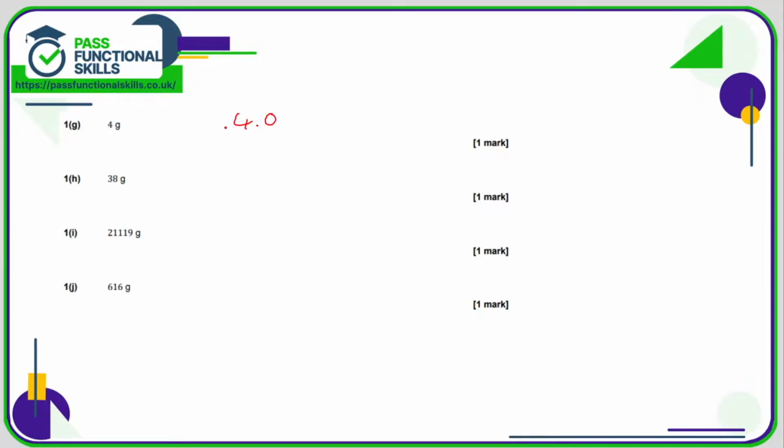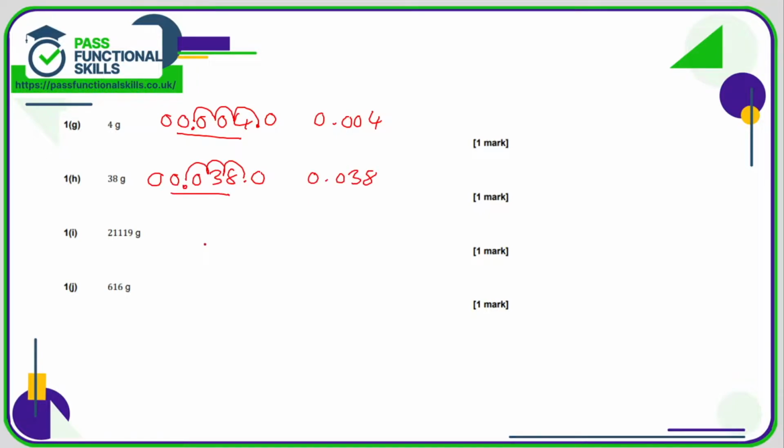I need to divide this by 1,000, and again that's going to be tricky unless I stick some zeros in front of the 4, and I'm going to move the decimal point 3 positions as usual, so the answer is 0.004 kilos. 38 grams is 38.0 grams, again put some zeros in front, 1, 2, 3, so the answer is 0.038.